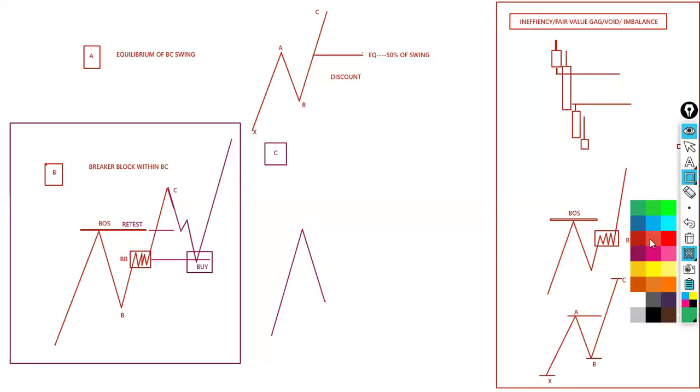I think I should make this look better for better understanding. So let's say price was moving up from here. Then we got to a certain stage, we find that we had a sort of inefficient candle. My marker is misbehaving, so we'll have something like this at this point.